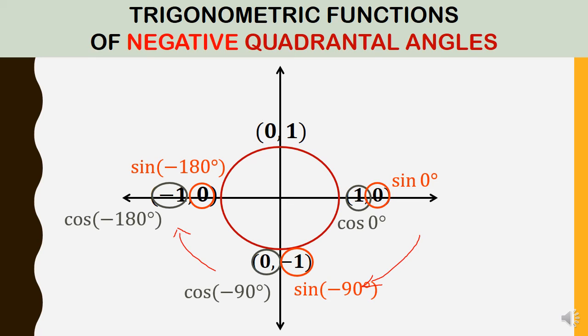Okay? And then we move pa rin on a clockwise direction. After negative 180, we have negative 270 degrees. So, si 0 here is associated with cosine of negative 270 degrees. And the 1 here is associated with sine of negative 270 degrees. We can go back here, and then this one will be the sine of negative 360 degrees.